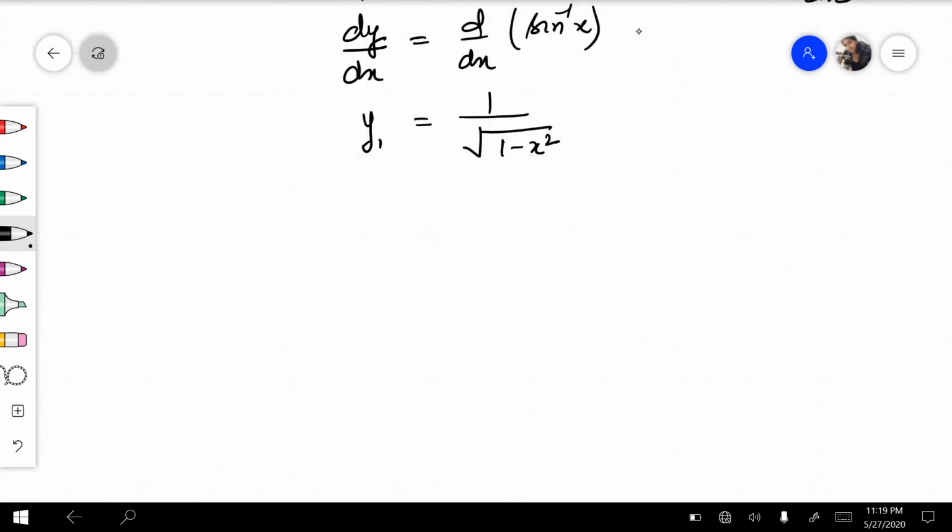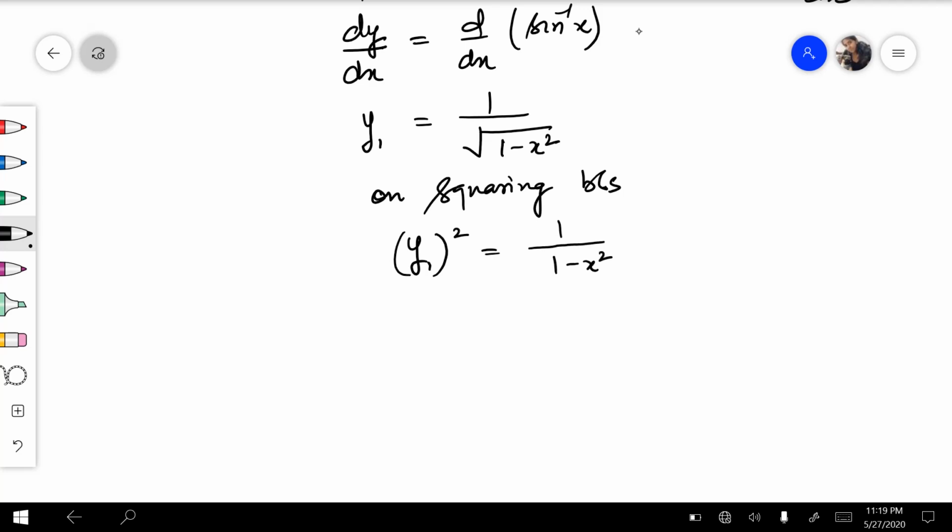So squaring both sides, on squaring both sides what we get, y1 whole power 2 is equal to 1 upon 1 minus x square. I transpose this to the left hand side, so we have 1 minus x square into y1 power 2 is equal to 1.